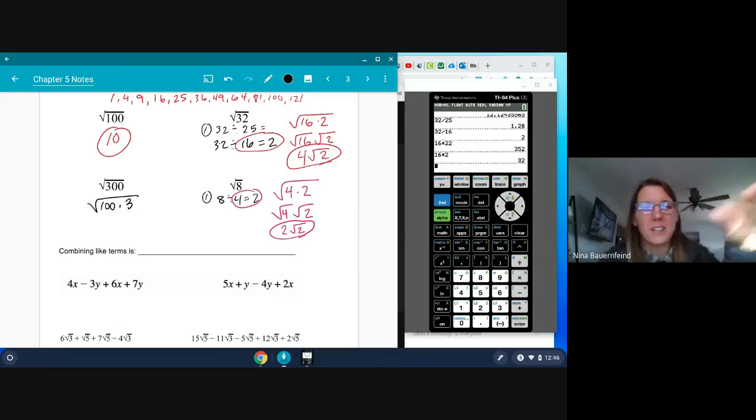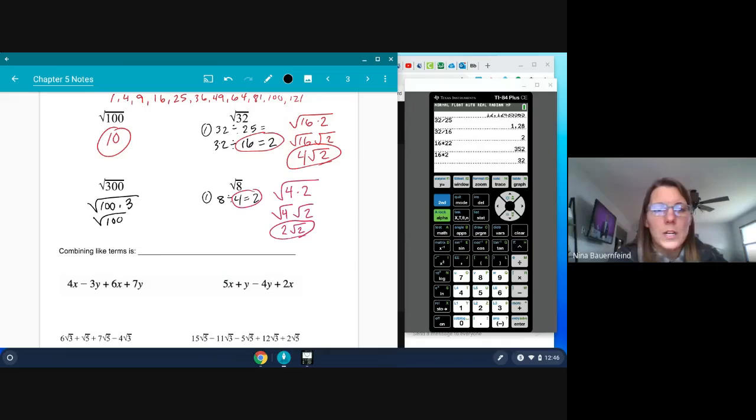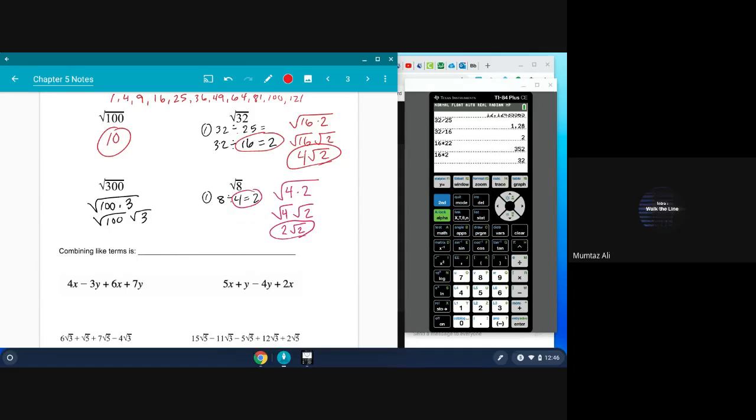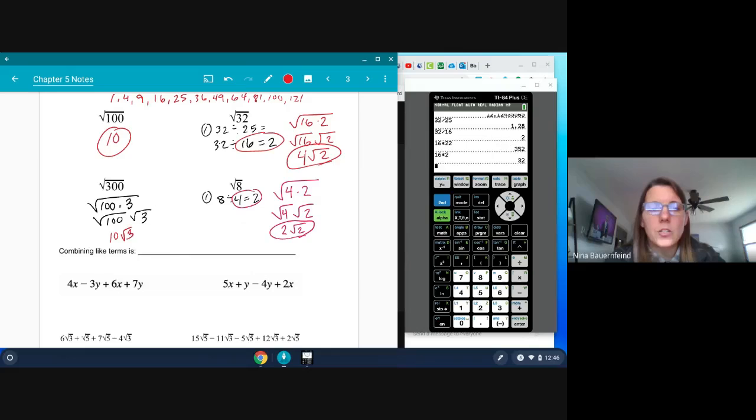Otherwise, you would just have to test a bunch of numbers and it's a lot. So square root 100 times square root 3. What is the square root of 100? 10. And so this is going to become 10 square root 3.